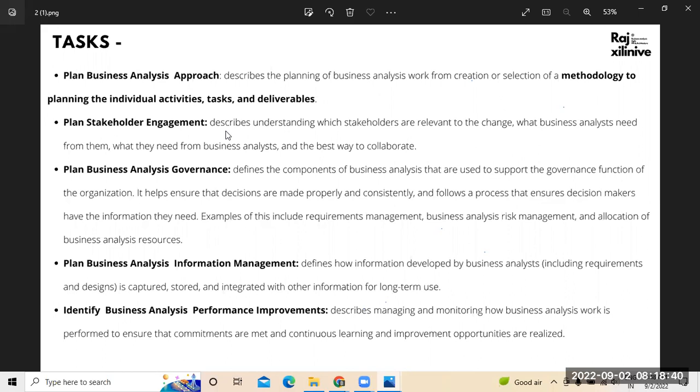So stakeholder identification we do based on two different things. The first one is power, the second is interest. Let me show you one.